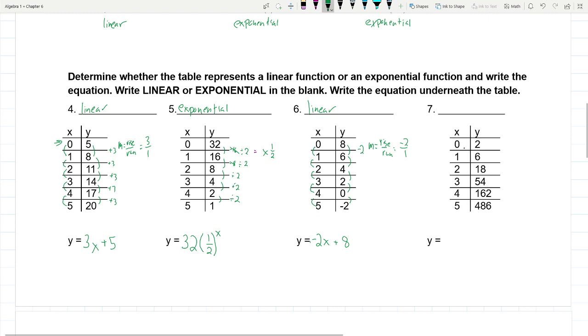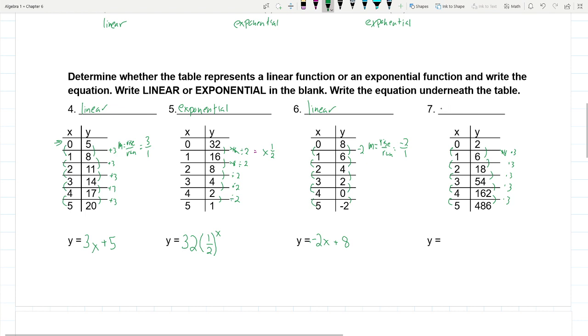Alright, let's go on to number 7. First checking my x's, 0 to 1, 1 to 2. We're increasing by 1 each time. 2 to 6, that's either adding 4 or multiplying by 3. 6 to 18, that's not adding 4. So it's multiplying by 3 each time.